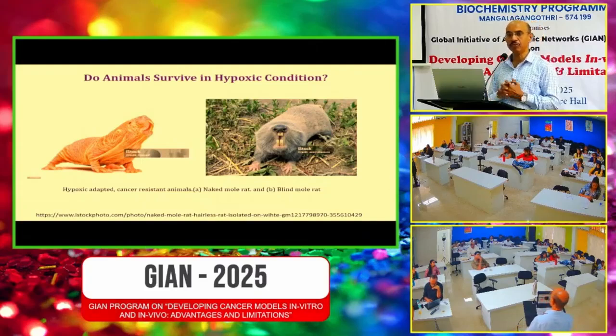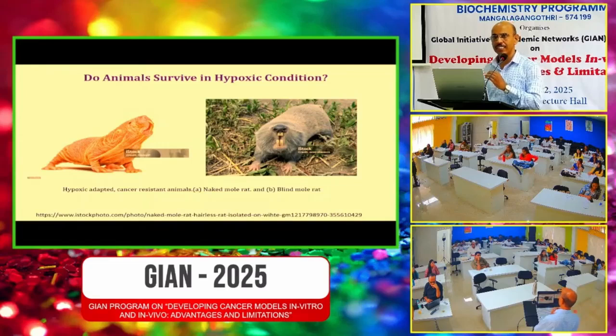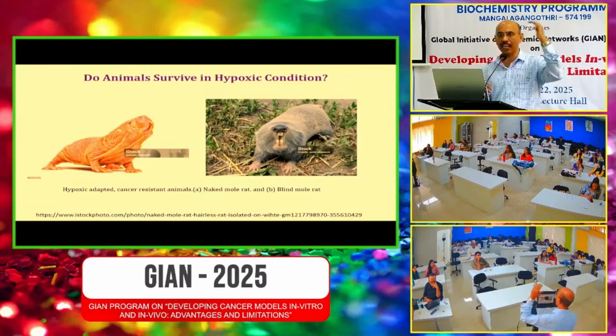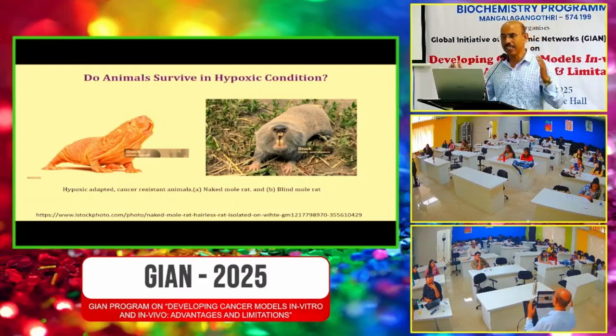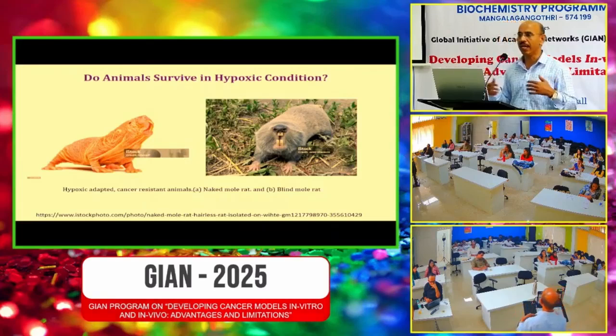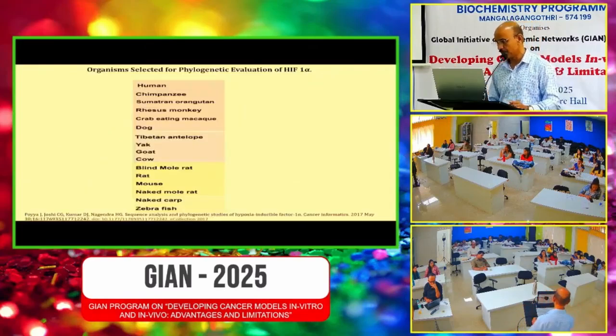And then we had a question, because if you look at the conditions, the oxygen concentration is less even in the depths of the oceans and at high altitude also. So we decided to carry out a study on the correlation of this hypoxia factor in different organisms living in different atmospheres, to see whether it throws any light on our study.